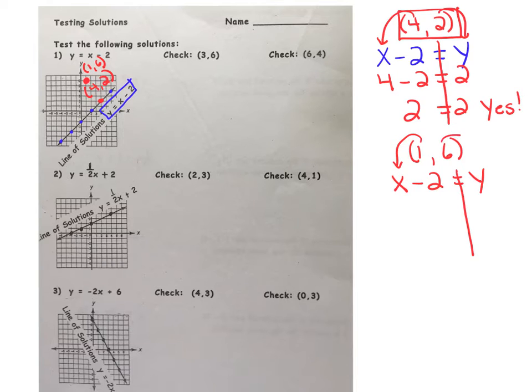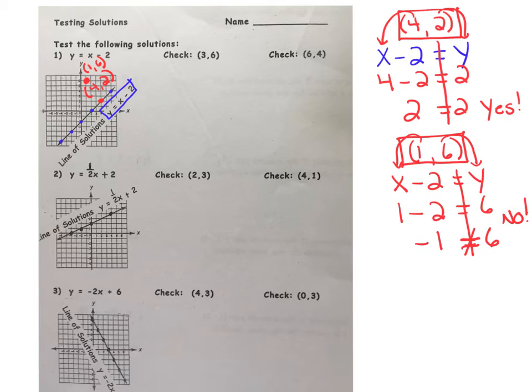Substitute a 1 for x and a 6 for the y. 1 take away 2. Well, 1 take away 2 is -1. And on the right side, we know y is 6. Clearly, -1 does not equal +6. No, this is not a solution. (1, 6) is not a solution for this equation.